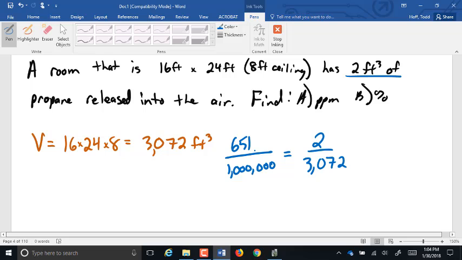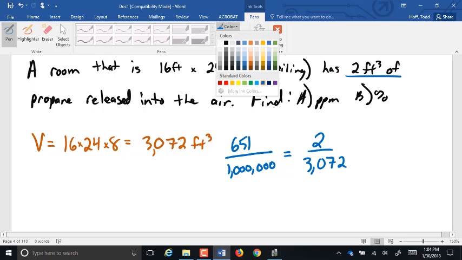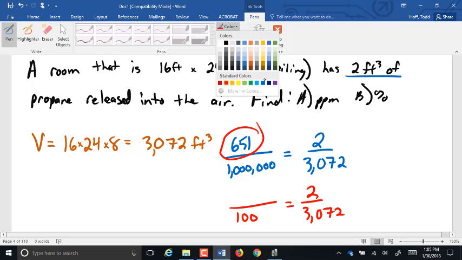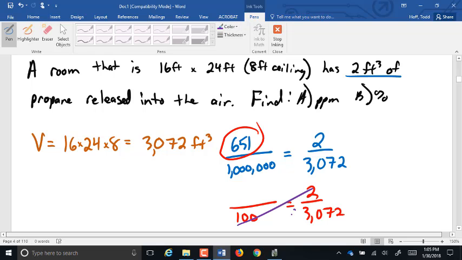Does that look great to everybody? Percent. If I cross multiply and divide there, 0.0651%. Does that look right?